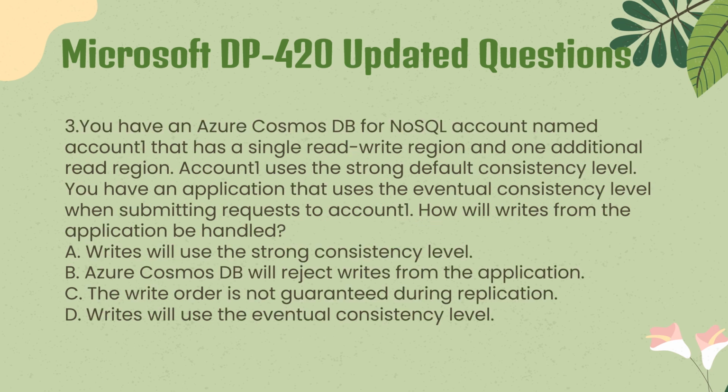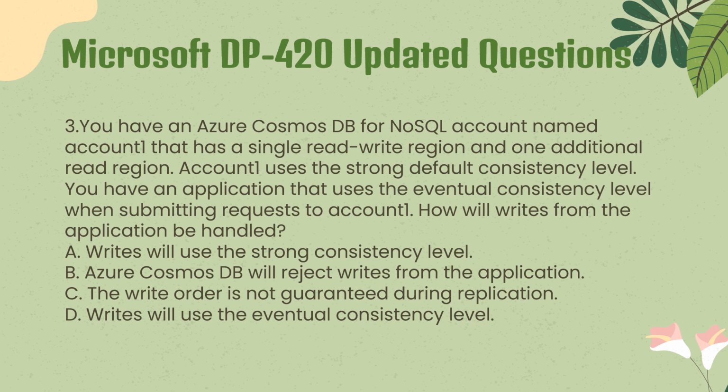3. You have an Azure Cosmos DB for NoSQL account named Account1 that has a single read-write region and 1 additional read region. Account1 uses the strong default consistency level. You have an application that uses the eventual consistency level when submitting requests to Account1.